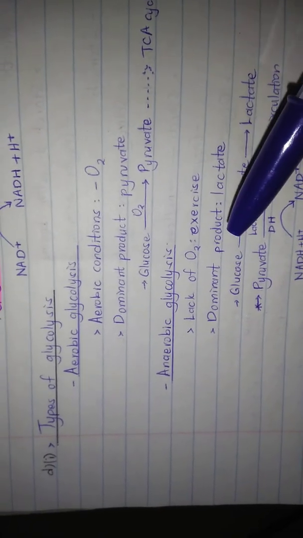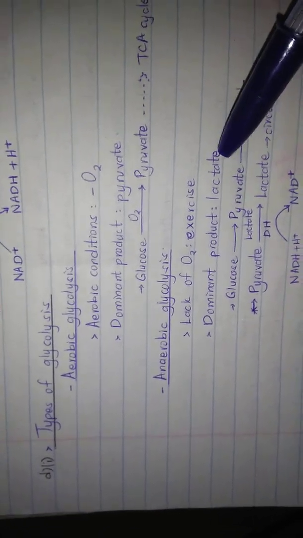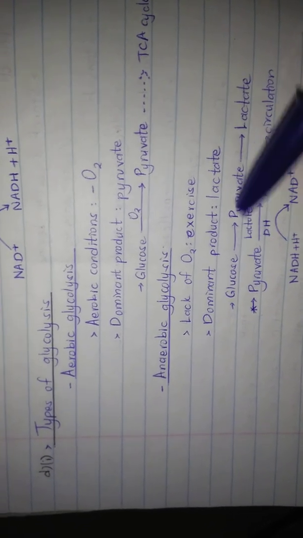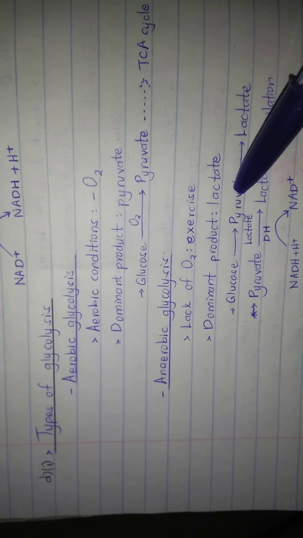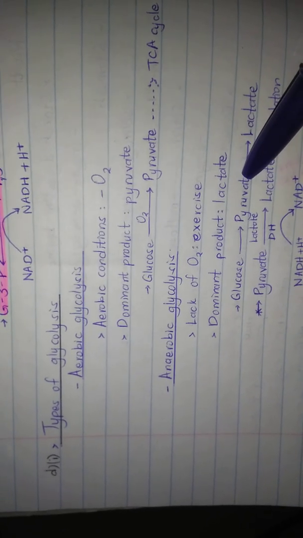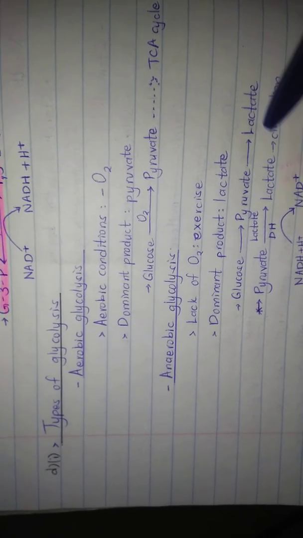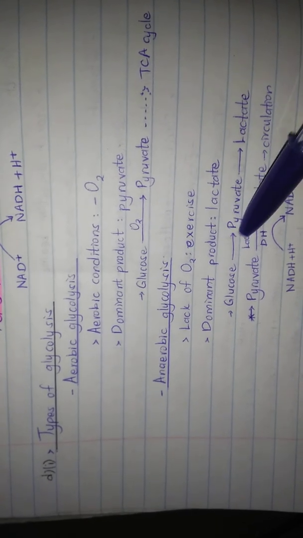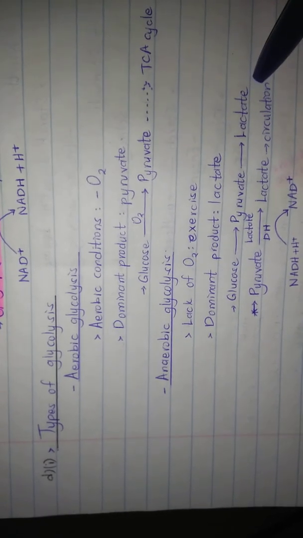and the dominant product is lactate. So how do we get lactate? Glucose is going to be converted to pyruvate in the absence of oxygen, and then pyruvate is converted to lactate. We want to focus more on this pyruvate to lactate reaction.